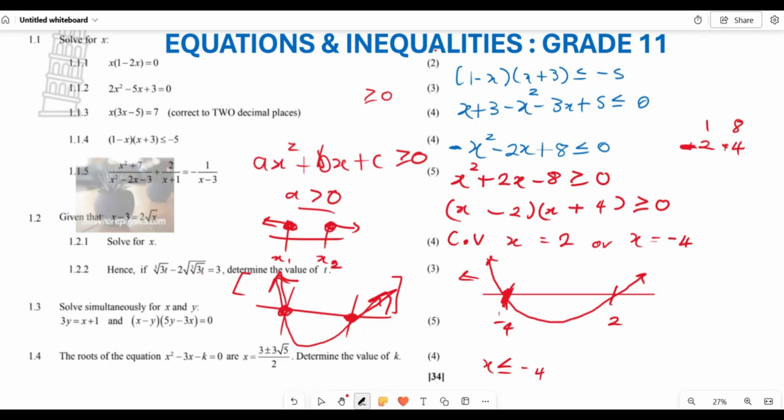Out again, it is greater than 0 here in the upper part of the graph. The portions that I'm looking for are these blue portions, continuing to negative infinity, and starting from 2 and continuing to positive infinity, which means from here x is also greater or equals to 2.